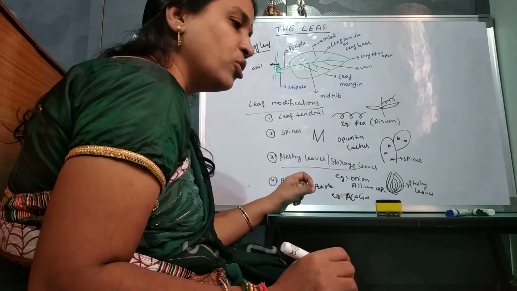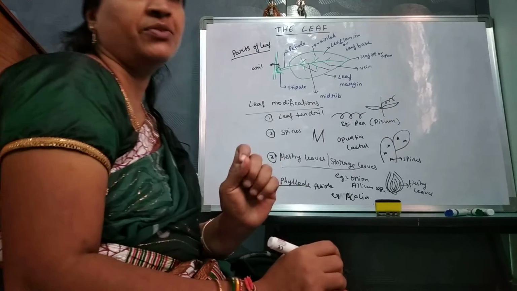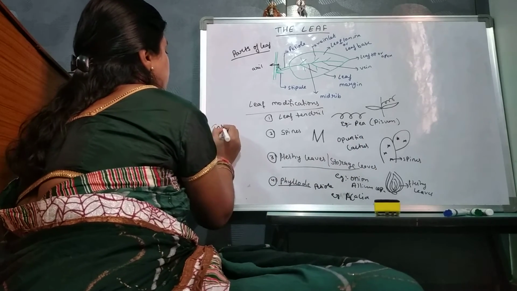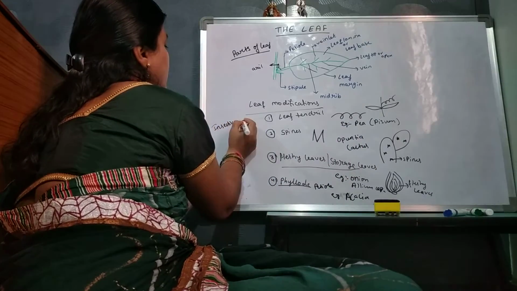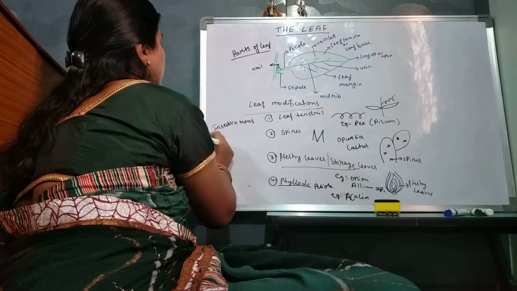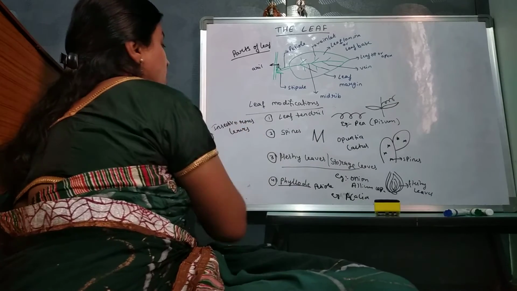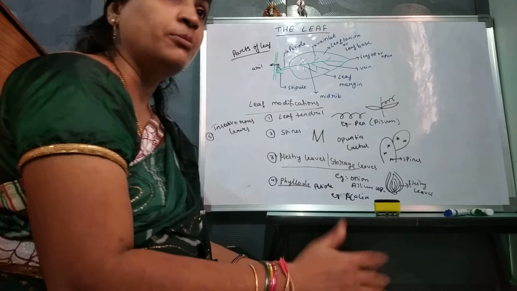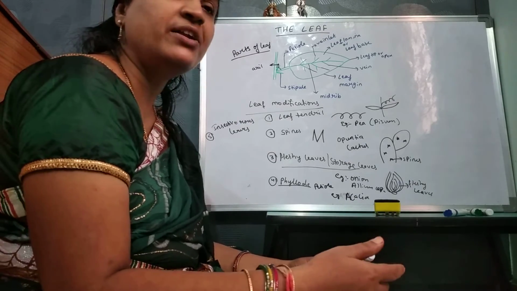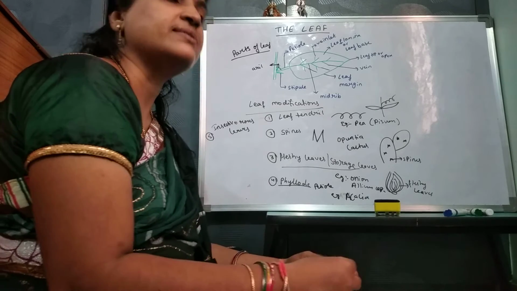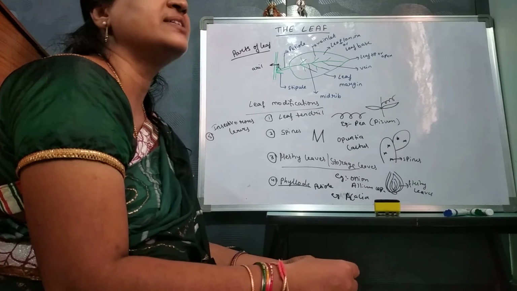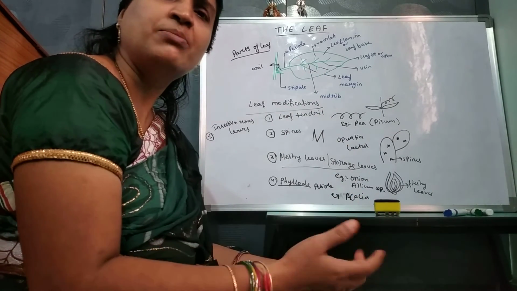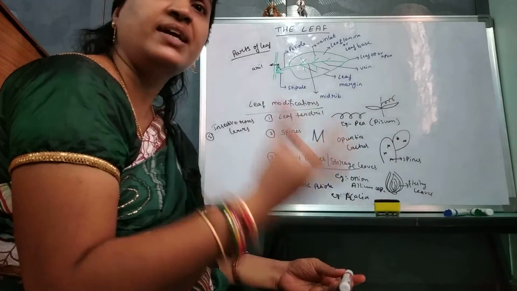Then coming on to insectivorous leaves. Fifth one is insectivorous leaves. See, you might be wondering, insectivorous. The plants are autotrophs, they prepare their own food materials. Then how come insectivorous? Yes, some plants are heterotrophs. Some plants eat insects. They trap insects. What is the need for the plants to trap insects and eat insects?